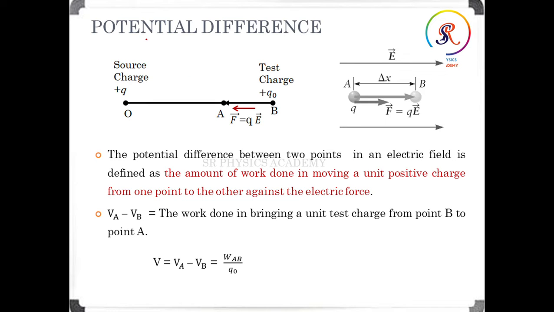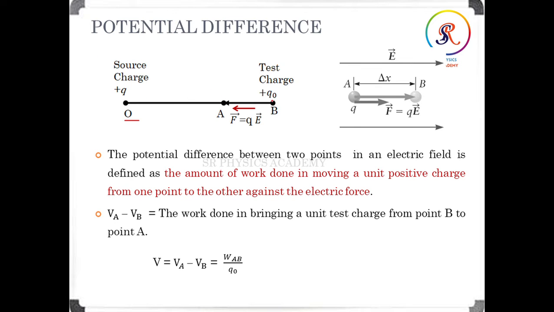Now we will discuss what is potential difference. Let us assume a point charge Q, also known as the source charge, located at a point O. Now let us bring a test charge Q naught from infinity to a point B, which lies in the electric field of the source charge.